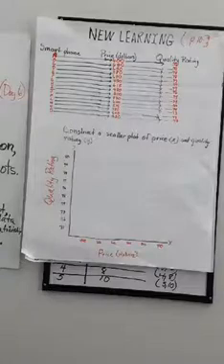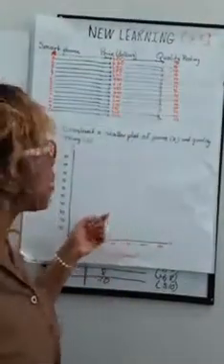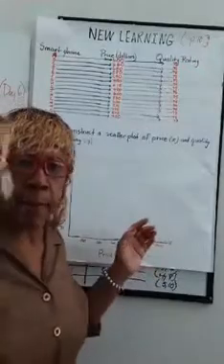Now, for this particular example, it wants to know then, is there a relationship between these smartphones and their prices? Is there a relationship? Well, first of all, they want you to graph this information, create a scatter plot.